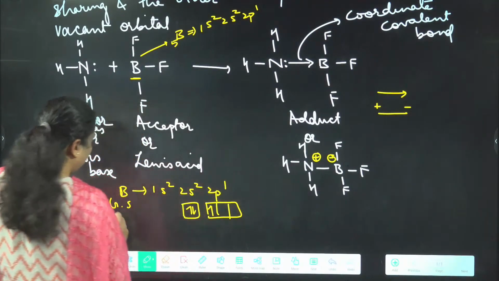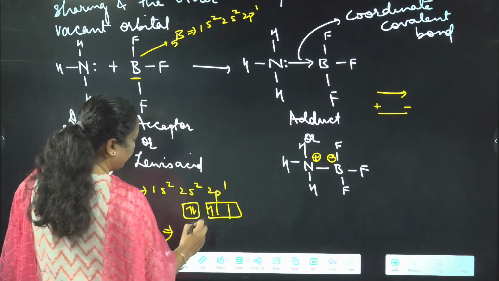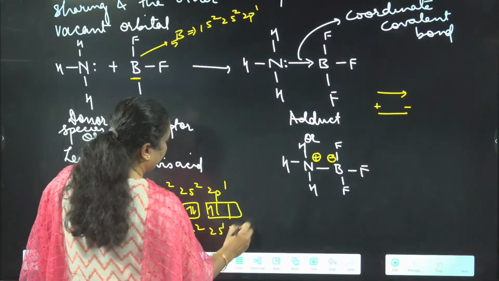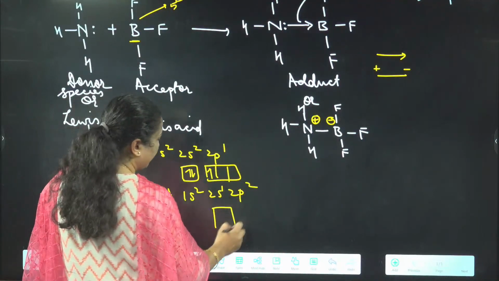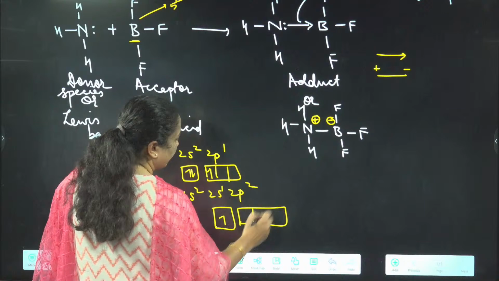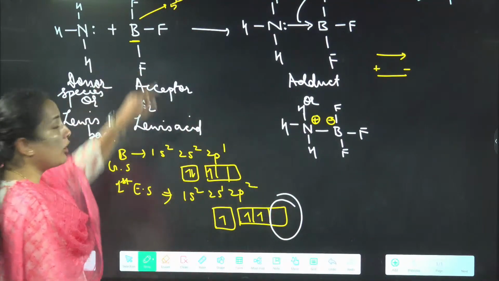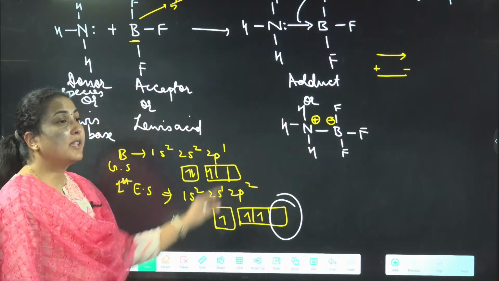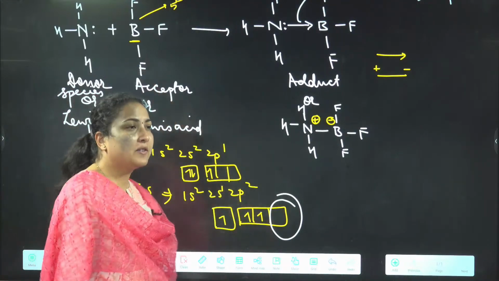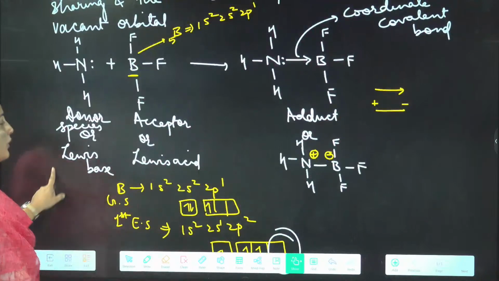So what do I do? I go for the first excited state. If I go for the first excited state, it will be like 1s2, 2s1, 2p2. So did I get basically 3 unpaired electrons? You are having these 3 unpaired electrons and a vacant orbital. So in that vacant orbital only it is taking up the lone pair of electrons. So the purpose of telling you this is the acceptor atom should have some vacancy to accept the electron. Are we getting it? Right?